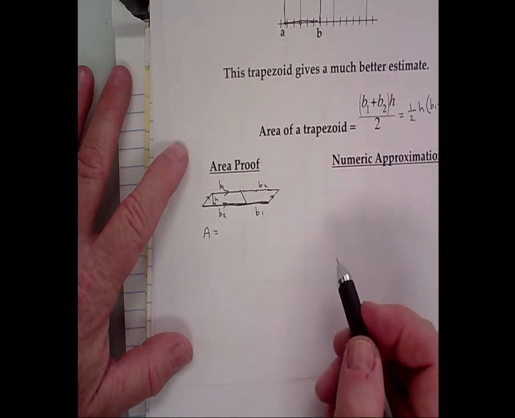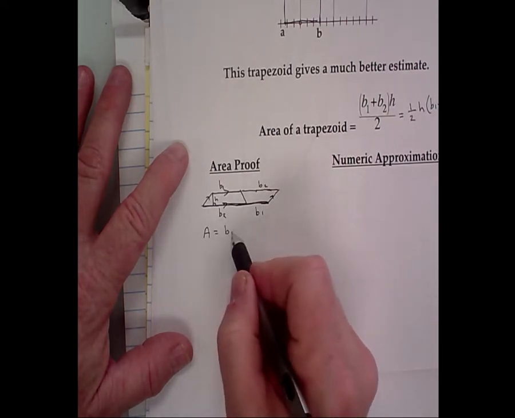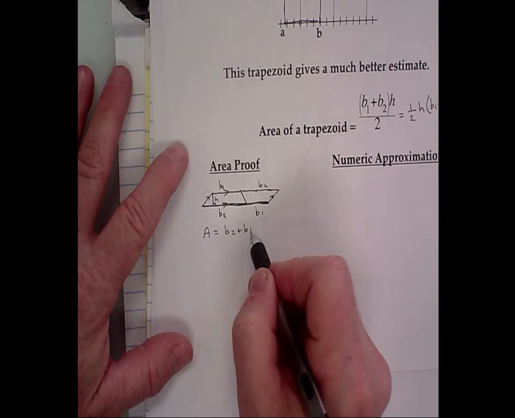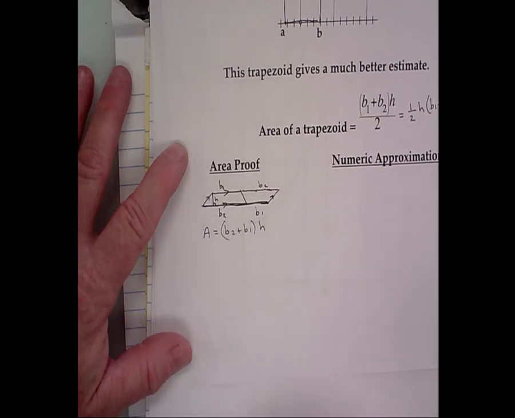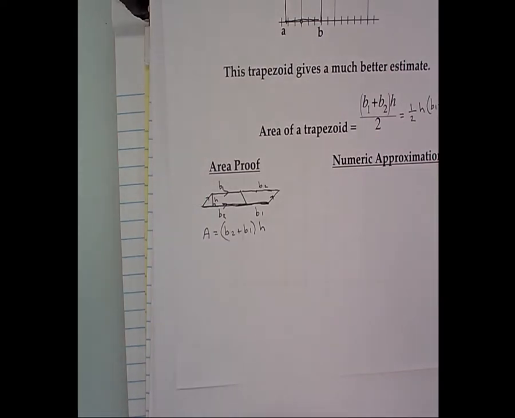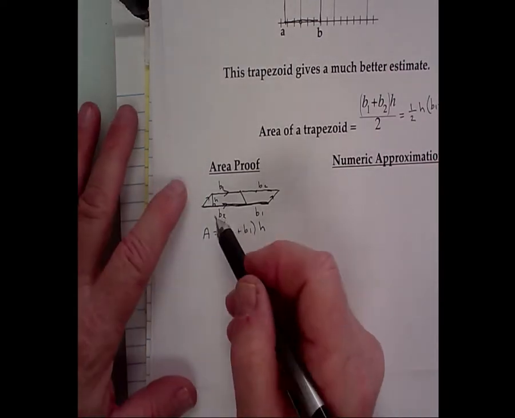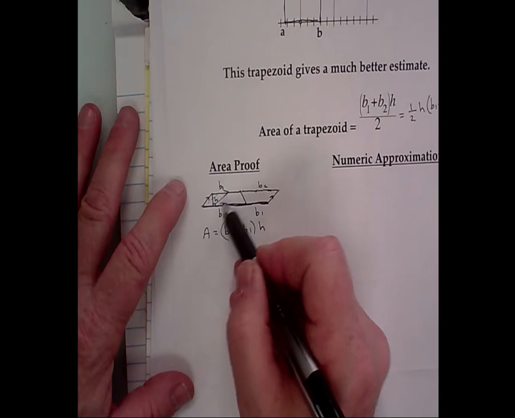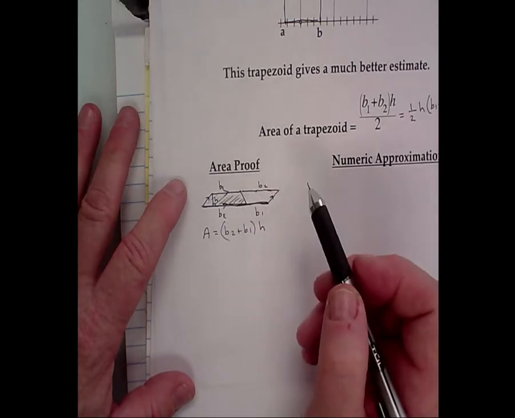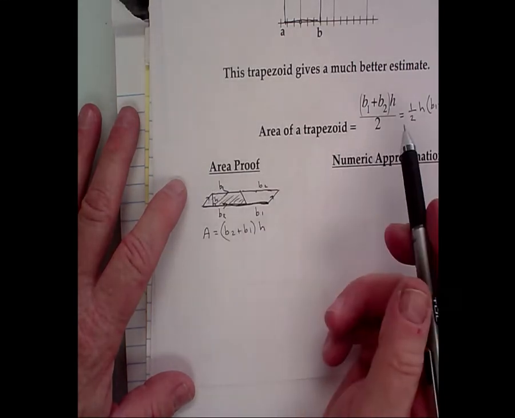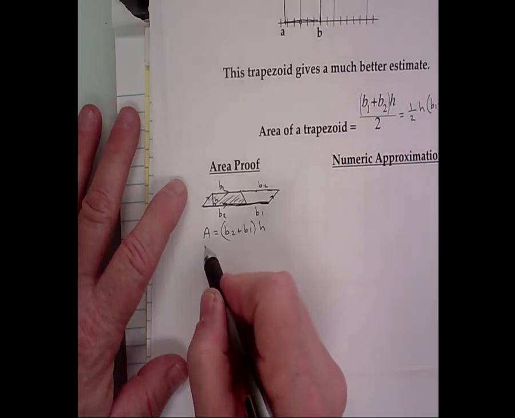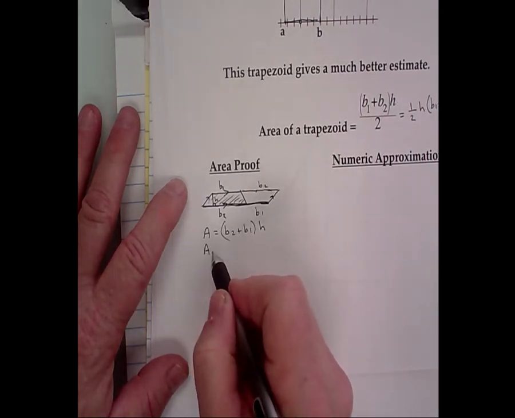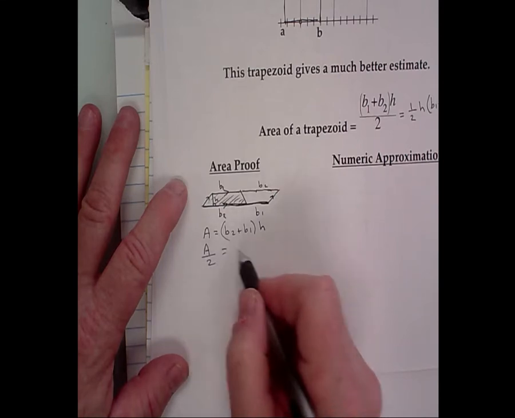So that's going to be B2 plus B1, or B1 plus B2 times the height. But I'm only interested in this shaded region, which I know is half of the other region because I just duplicated it, correct? So the area of the shaded region is just half of that.